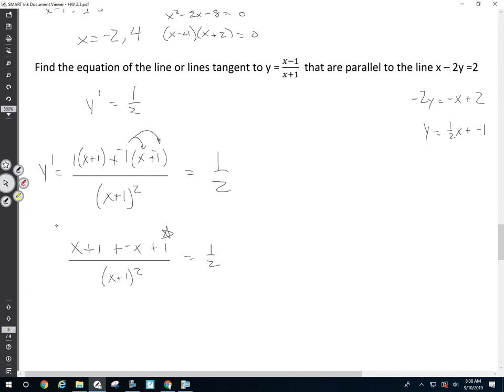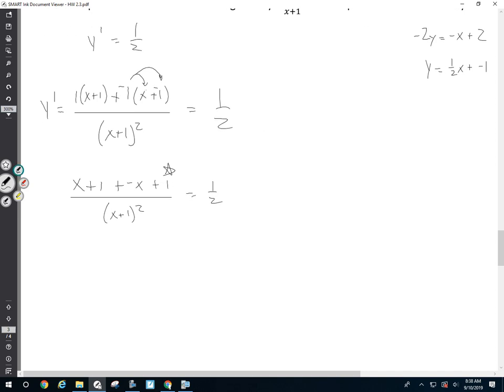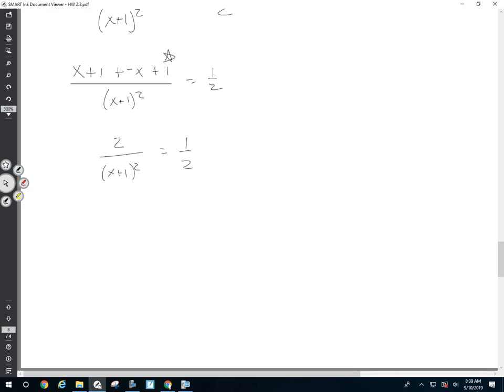But watch, if I simplify the numerator, I get 2 over x plus 1 squared equals 1/2. Okay. What should I do? I could flip both sides, and sometimes that's better just to get everything into the numerator.